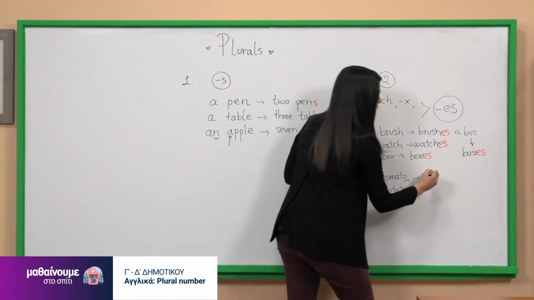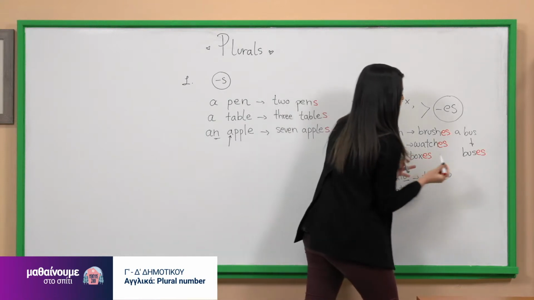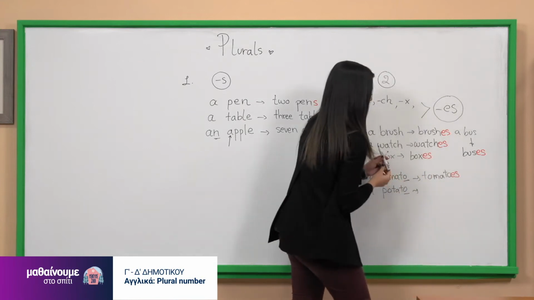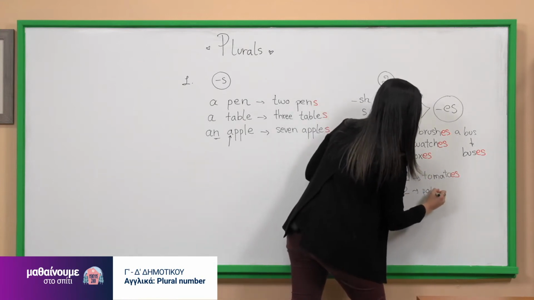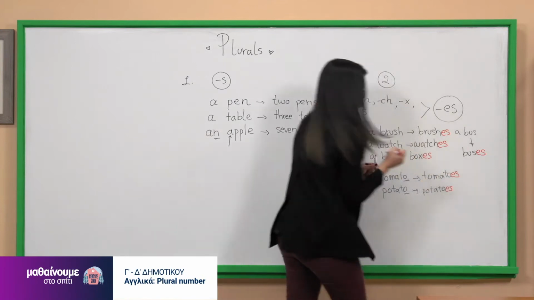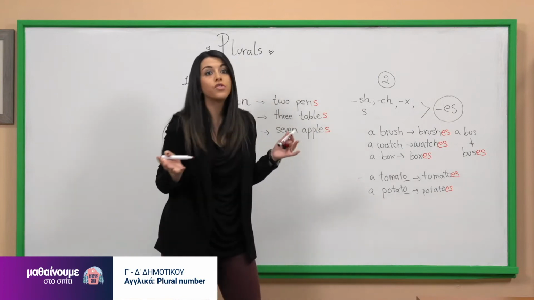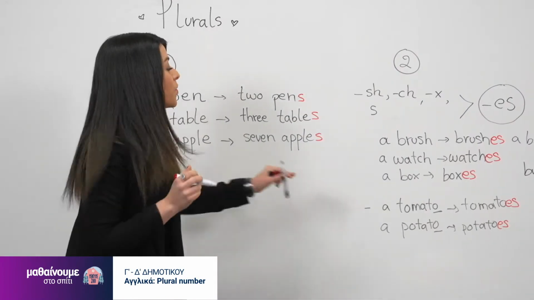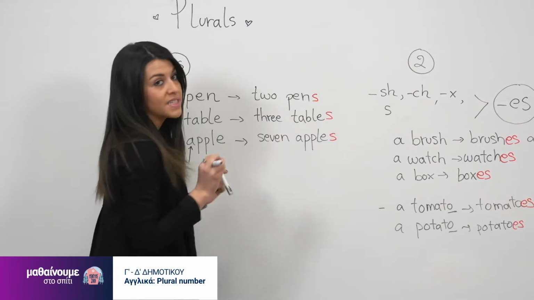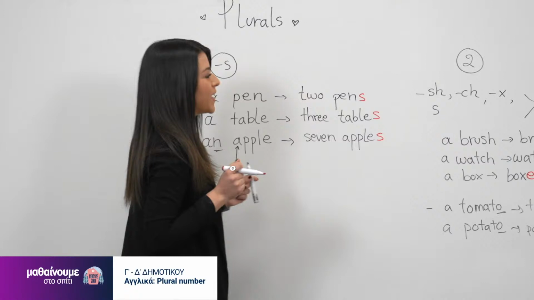They become tomatoes with ES again, and potatoes with ES. These also have some exceptions like piano or photo, which just take S. Okay? I'm not going to write them here. Just remember these basics. And there are other rules, of course, and many exceptions, but that's okay for now.